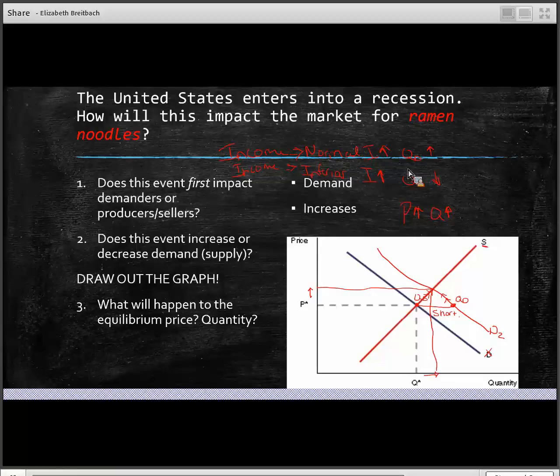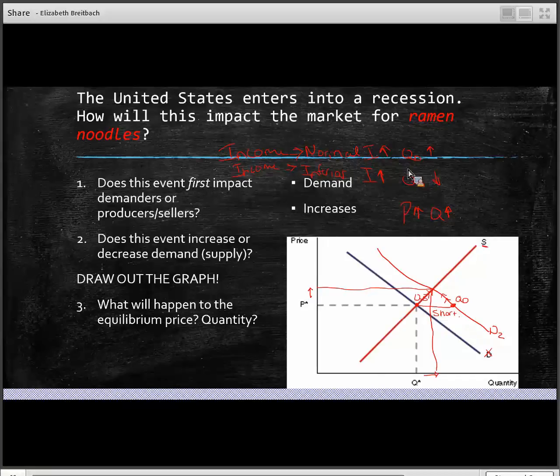All right, what about something like Starbucks lattes, right? As my income increases, I'm going to decide to purchase more of those. That's going to be a normal good. As my income increases, the quantity I demand increases, and so we see that demand curve shift to the right.